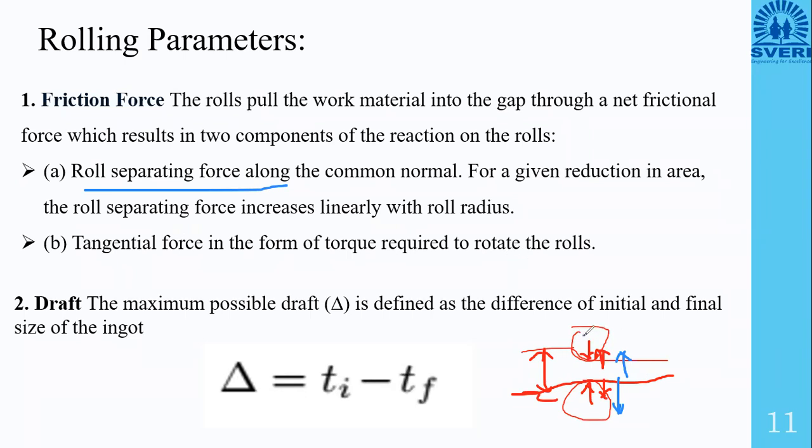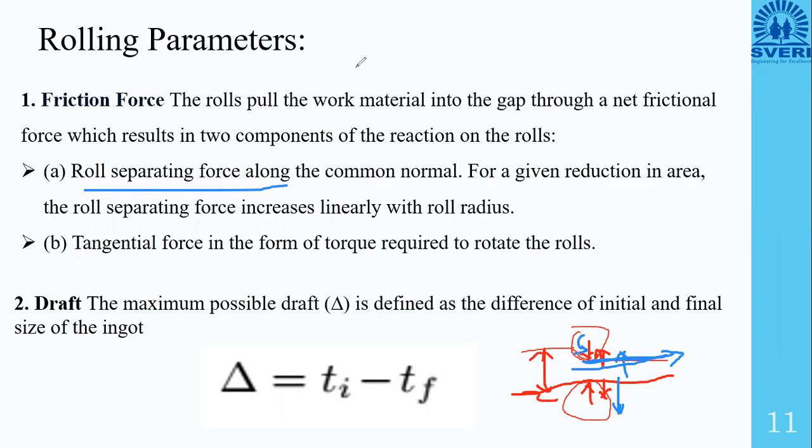At the same time, this roller is rotating, so this is the tangent force like this. This force is required to rotate the roll because the roller is in contact with this metal. The roller has to rotate, and at the same time the metal should be pushed in the forward direction. Is it right?